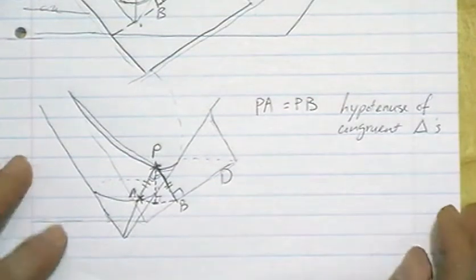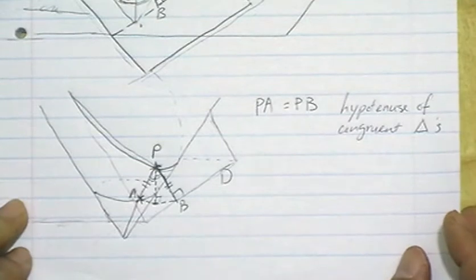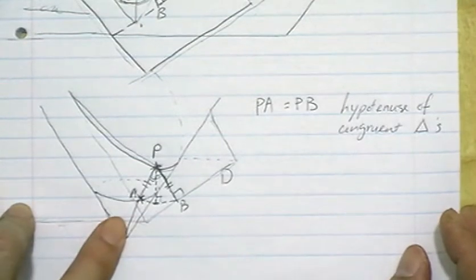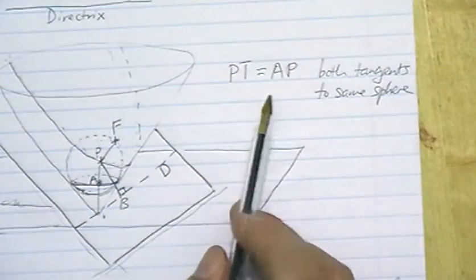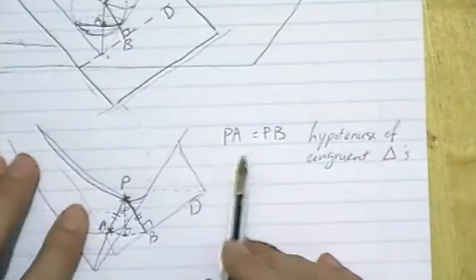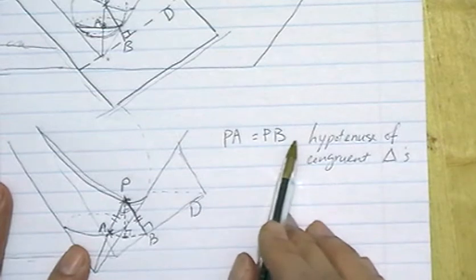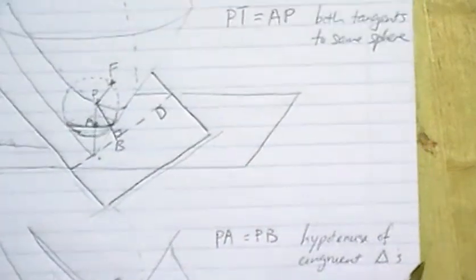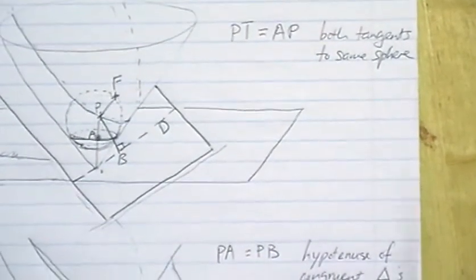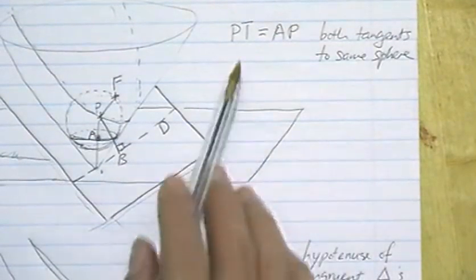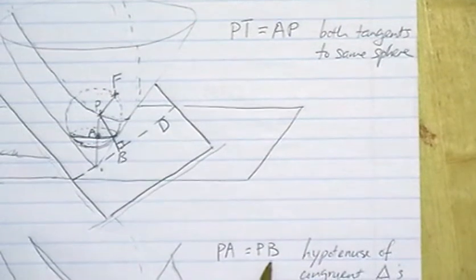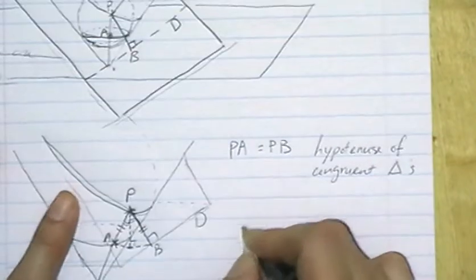So let's see what we have done now. Previously I've shown that AP is equal to PT. Now I've shown that PA is equal to PB. So therefore, that's PA, that's AP, they're the same. Therefore, PT is equal to PB.